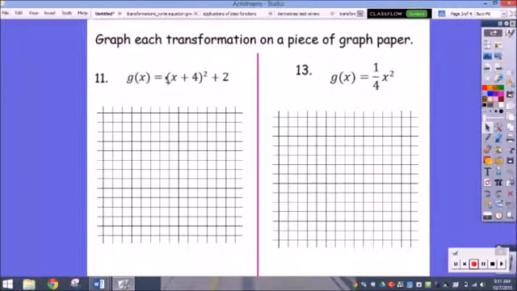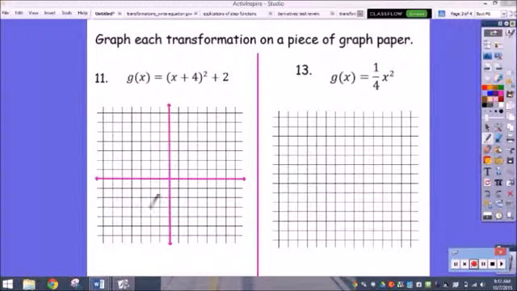So what that means is you take your parent function, and in this case it's x squared, and that would be a parabola. And so this means that I can take the vertex of the parabola and move it left 4 and up 2 units and plot that point. So if I go left 1, 2, 3, 4, up 2, that is the vertex of my parabola.